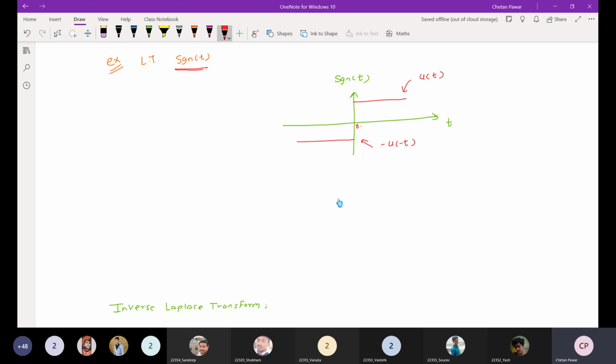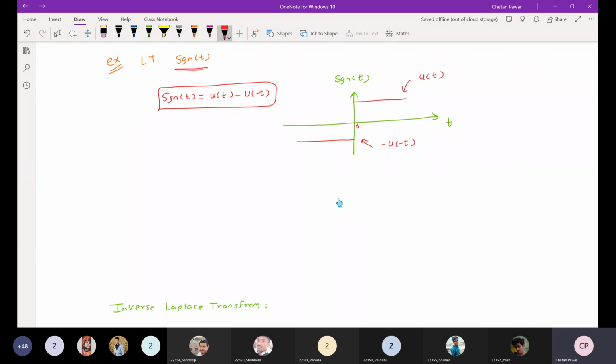So if I represent a signum function, you tell me, does the Laplace transform exist for this particular signal?